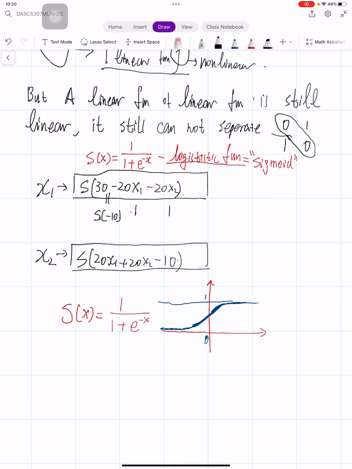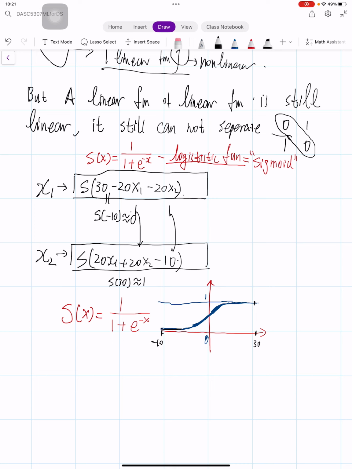Negative 10 is a small value, so the sigmoid function gives a value close to 0. On the other hand, if we plug in 1 and 1 into the other function, we get 40 minus 10, which is 30. S of 30 is a relatively large number on the logistic scale, so it approximately gives a value equal to 1.